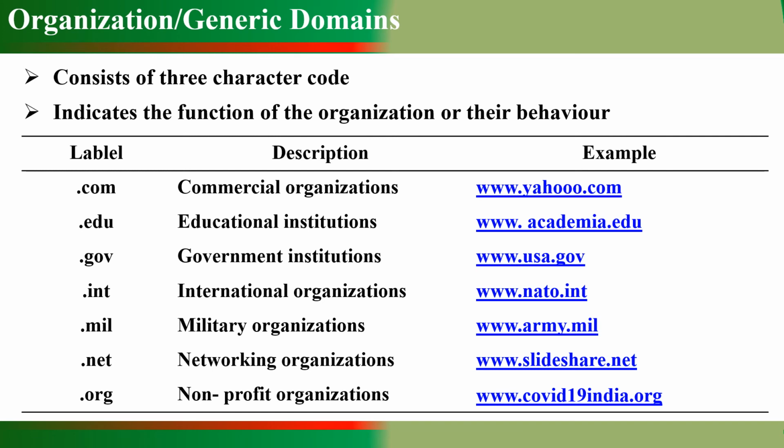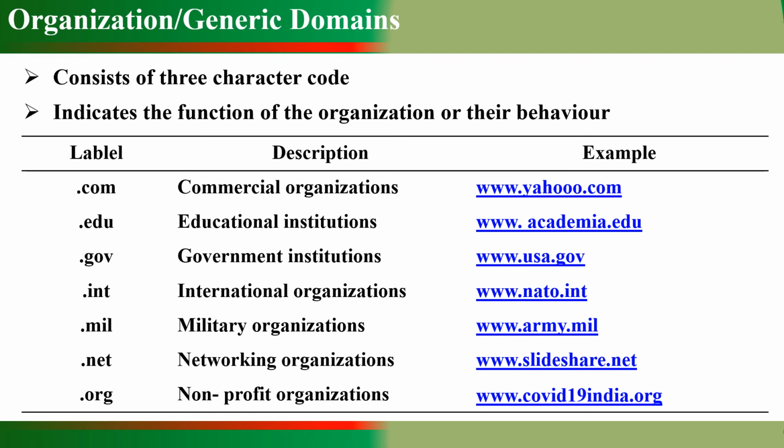For example, .com stands for commercial organization. .edu stands for educational institution. .gov stands for government institutions. .int stands for international organizations. .mil means military organization. .net means networking organization. .org means non-profit organization. So with the help of a generic domain, we can guess the function or type of the organization.